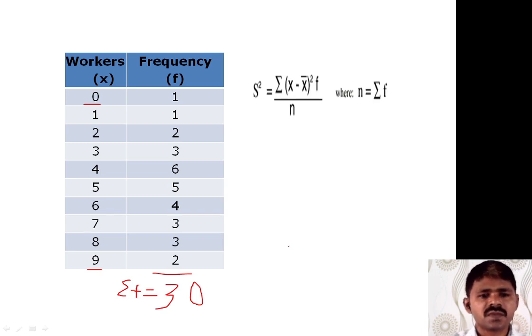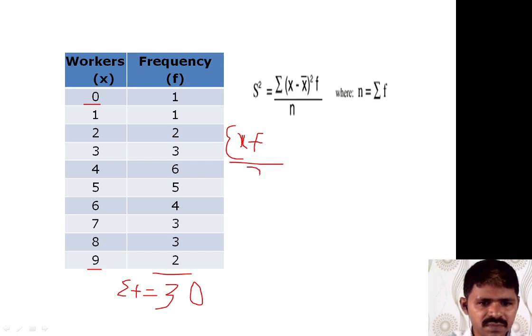To calculate the variance, what do we have to measure first? The x values are given, and we have to find the mean. How will we get the mean? Mean equals sum of x into f, by n. Then we will get the mean value.